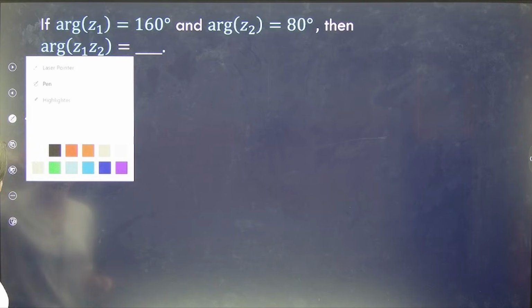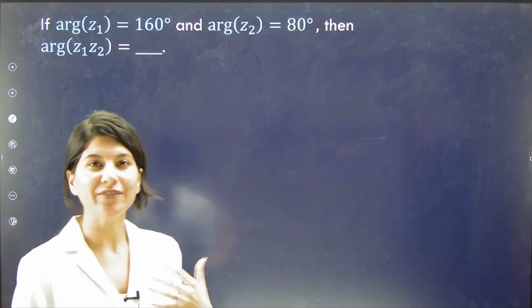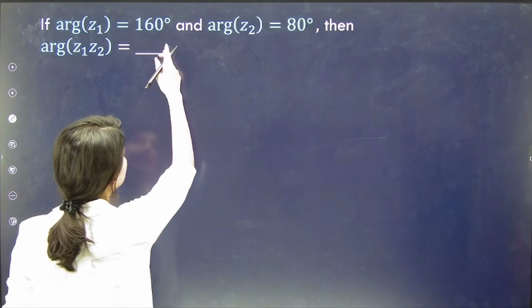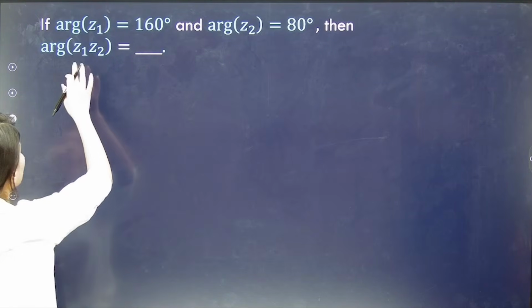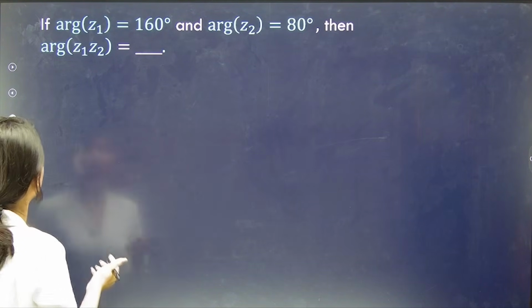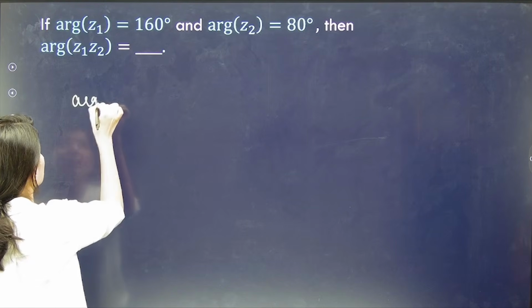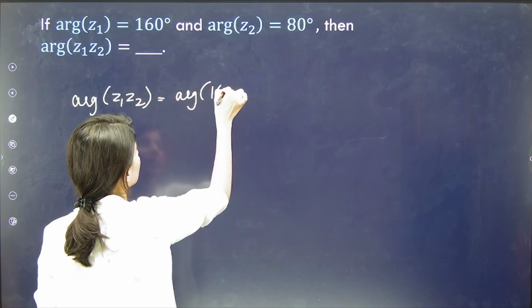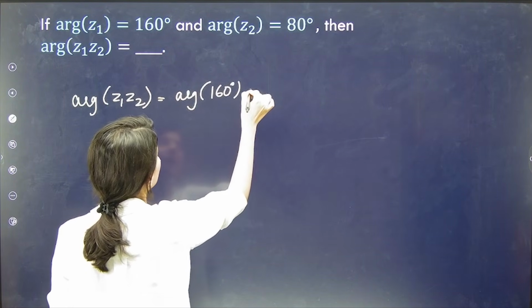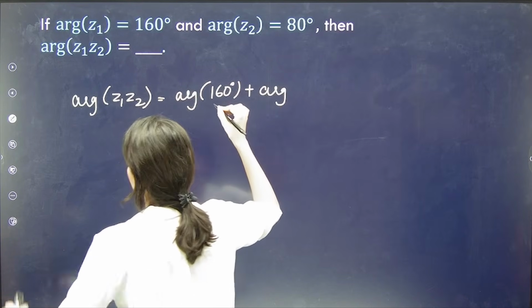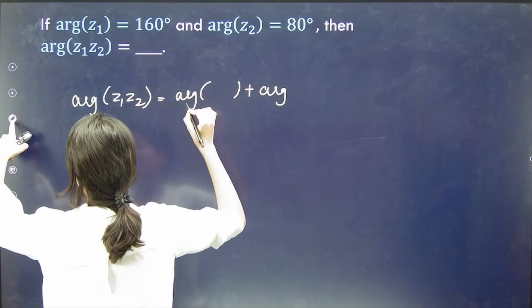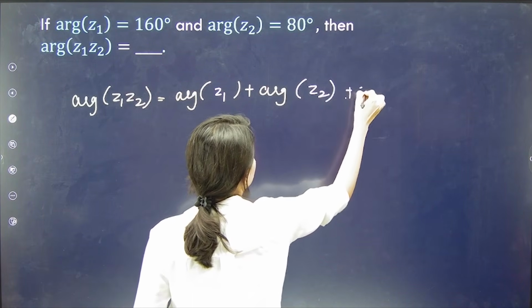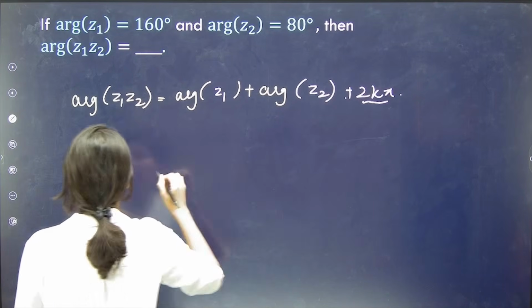Now let us quickly solve one problem so that we get the confidence. Argument Z1 is 160 degree, argument Z2 is 80 degree, and we need to figure out argument Z1 Z2. Argument Z1 Z2 is argument Z1 plus argument Z2 plus 2k pi, which is for adjustment.